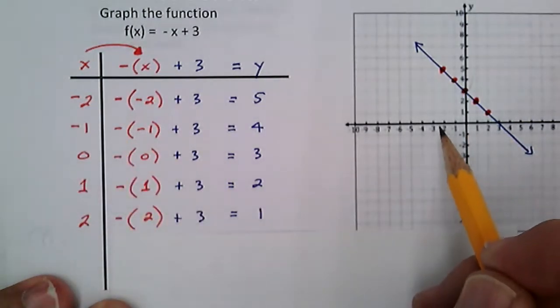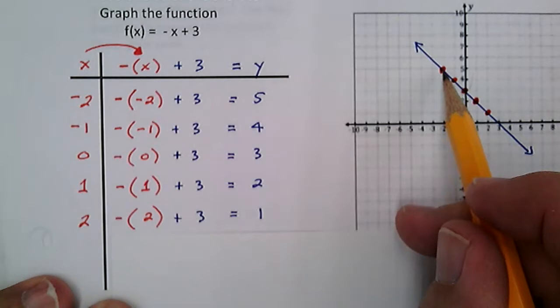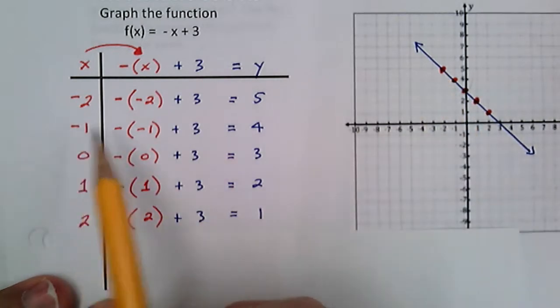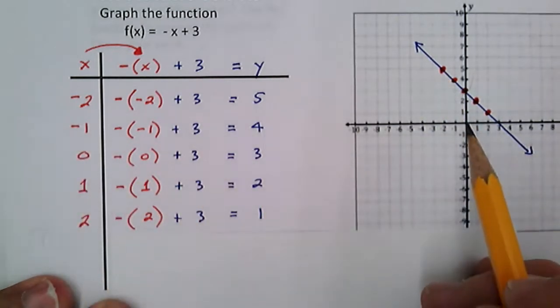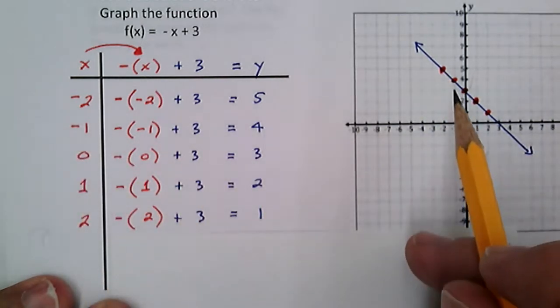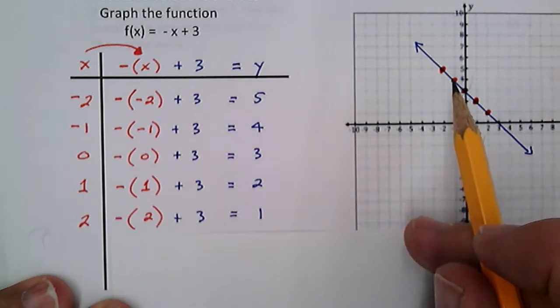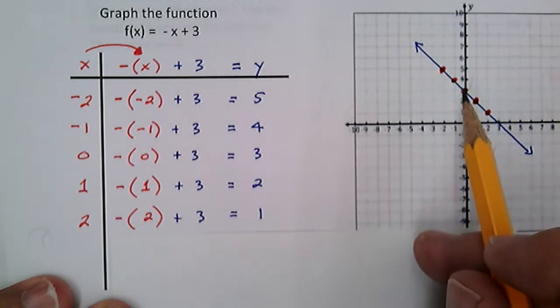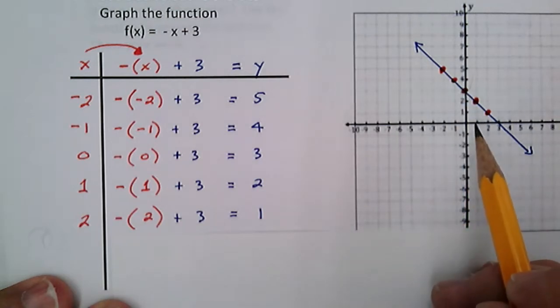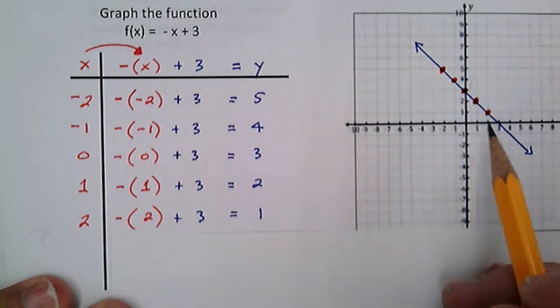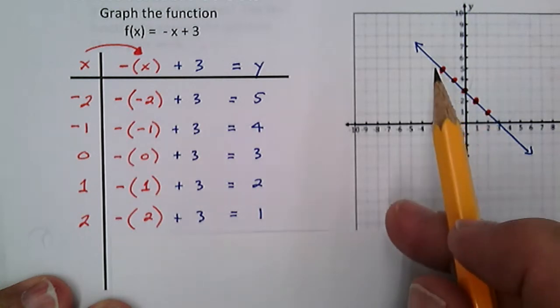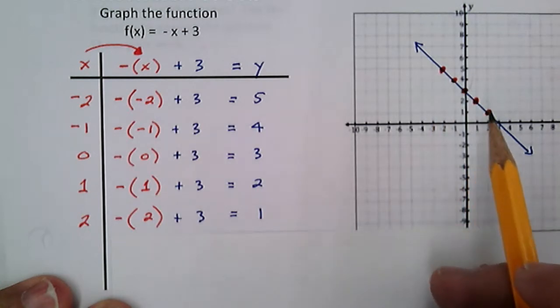So I go negative 2 and then up 5. And then the next one is negative 1, 4, so I go negative 1 and then up to find my dance partner. And then 0, 3. And then 1, 2. And 2, 1. So I've got point, point, point, point, point.